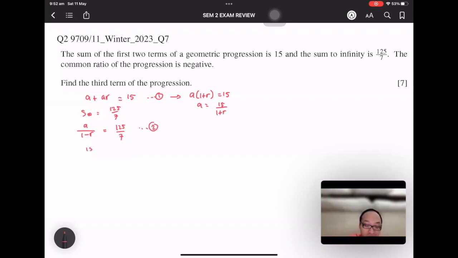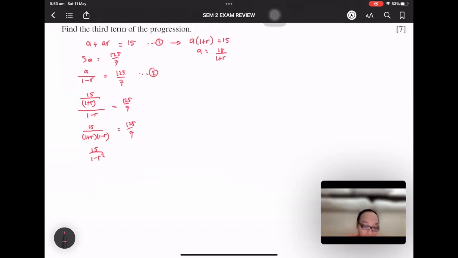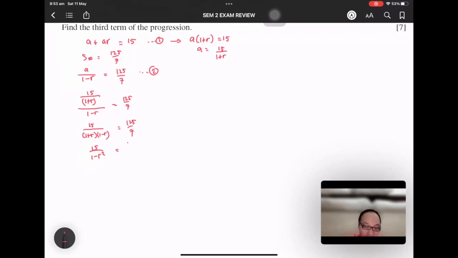So A is 15 over 1 plus R, divided by 1 minus R equals 125 over 7. So I can combine this: 15 over 1 plus R times 1 minus R equals 125 over 7. This is 15 over 1 minus R squared, since 1 plus R times 1 minus R is 1 minus R squared, special factorization.